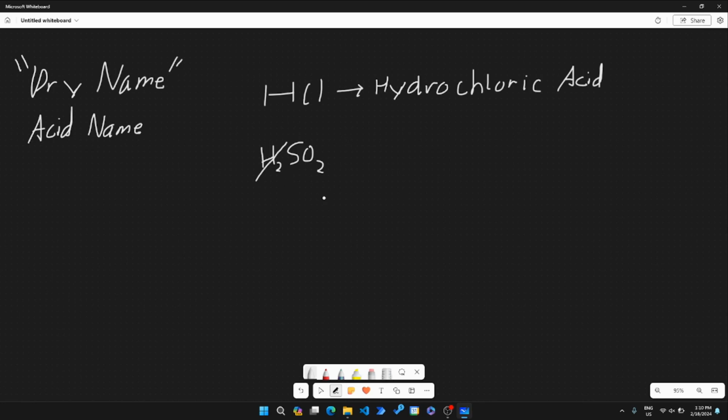And then the SO2, well, this is hyposulfite. So the ending changes to an us if it ends in ite.